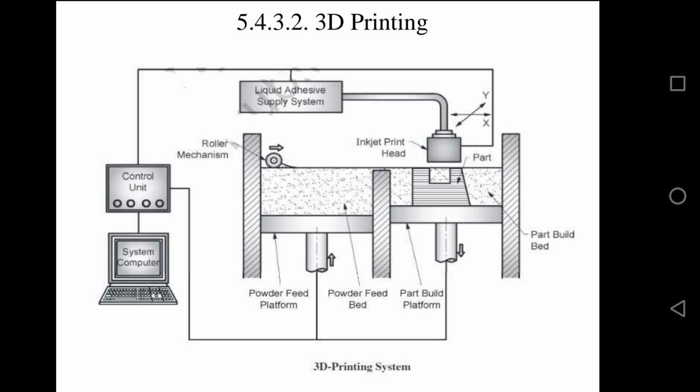The 3D printing system consists of a powder feed bed containing a full supply of powder. The powder materials commonly used in this process are starch powder, plaster powder, and ceramic powder. A multi-jet print head deposits a liquid adhesive to the targeted regions of the part build bed corresponding to the slice data of the 2D cross section, to a depth equal to one layer thickness.